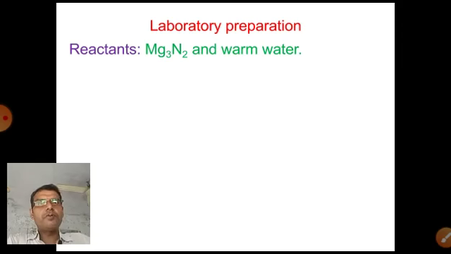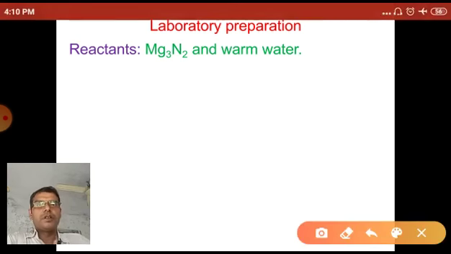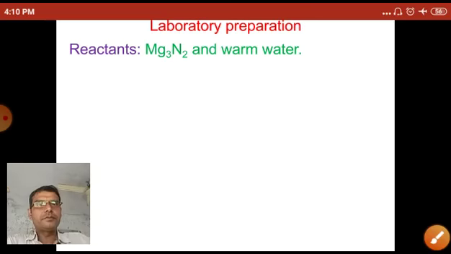The reagents required for the preparation of ammonia in the laboratory through this method are magnesium nitride and warm water.